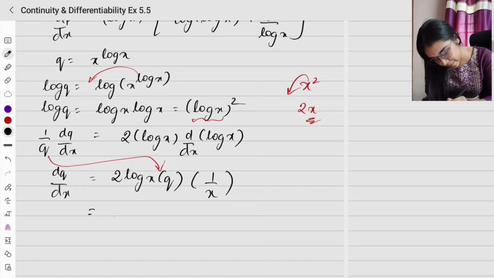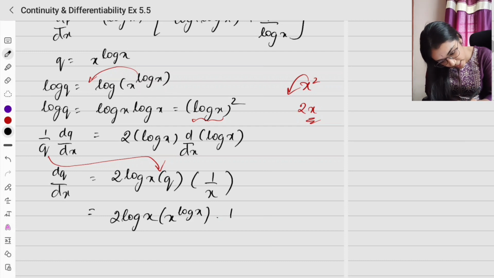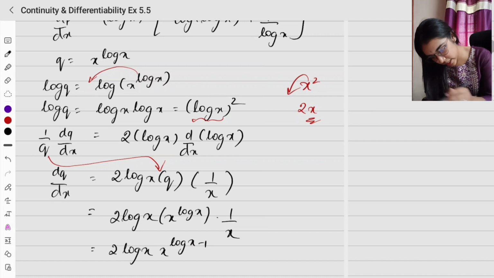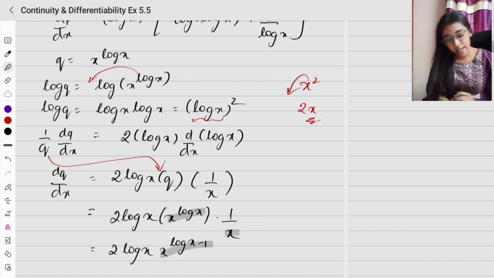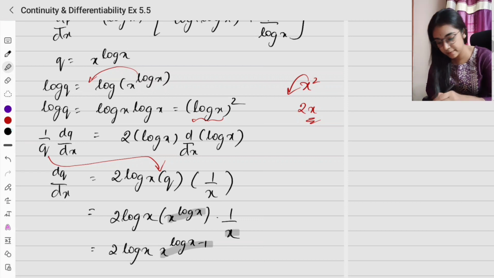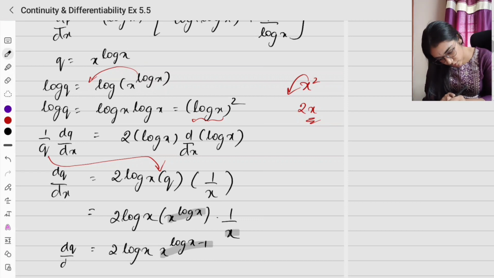So what is q? I have 2 log x times x to the power of log x times 1 divided by x. So when I simplify this, I'll have 2 log x times x to the power of log x minus 1. Correct? Here there is one x to the log x and here there is one x. When I club them, I'll get x to the log x minus 1. This is my dq divided by dx.